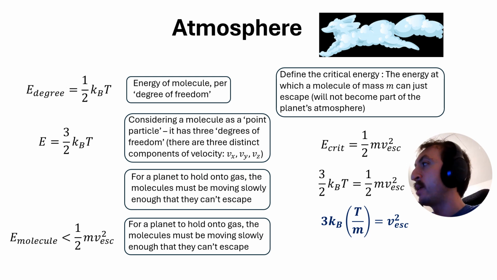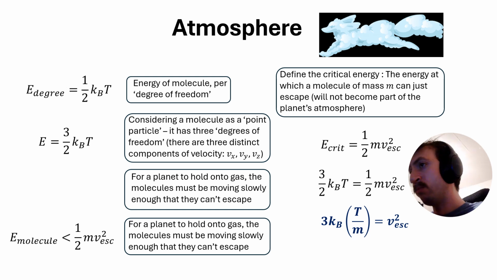Because the thermal energy of a molecule is its kinetic energy, because when we say thermal energy, we really mean randomized kinetic energy of the molecules. Now, this is a useful equation, but at the moment it's relating the temperature of our atmosphere to the mass of a molecule which is moving at the escape velocity to the escape velocity.